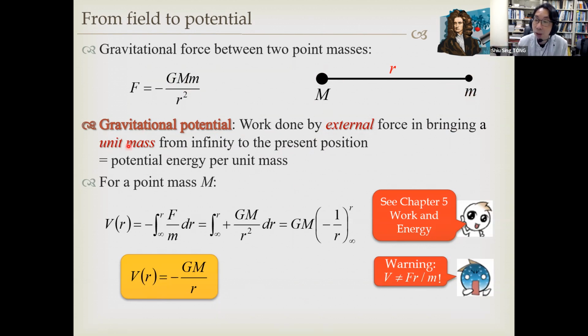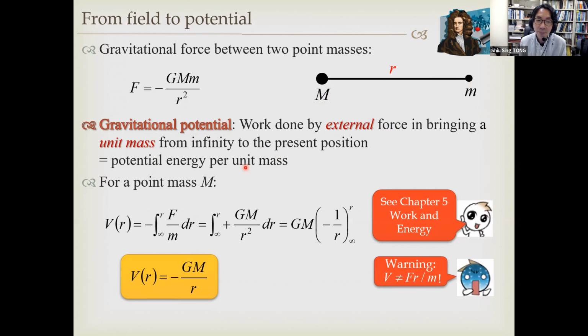So I have a unit mass placed at a certain distance from the large mass M, and I move the unit mass from infinity to its final position r, and I calculate the work done by the external force in doing so.